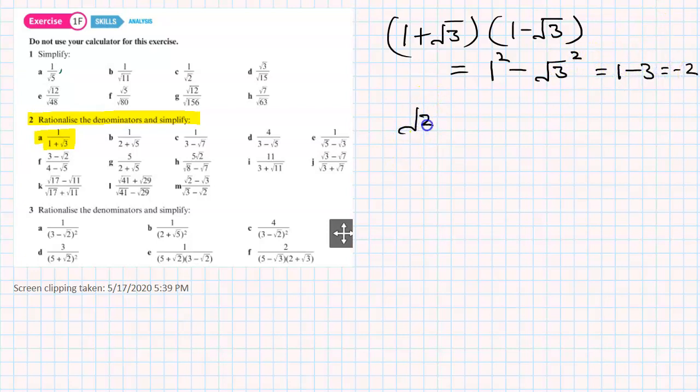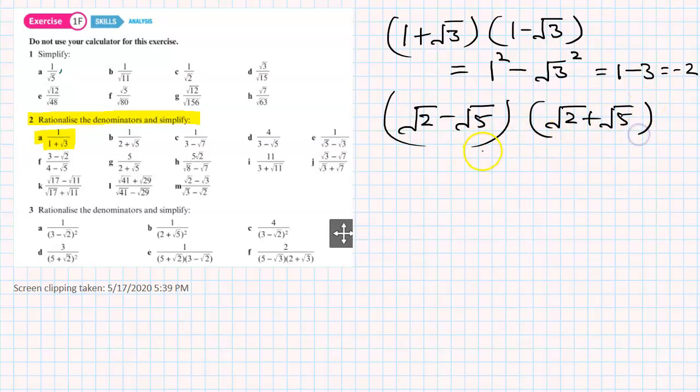For example, root 2 minus root 5 times root 2 plus root 5 is equal to root 2 square minus, this sign will always be minus, root 5 square. So that is 2 minus 5, which is equal to minus 3.